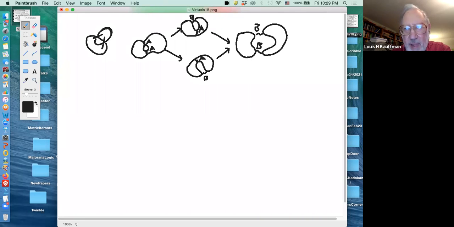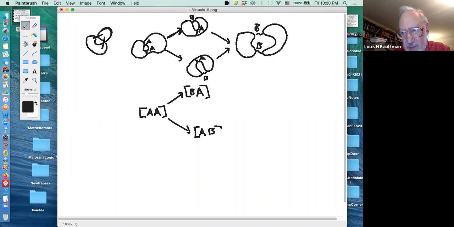This is a category. All we have to do to make it a category, here are the arrows, and all we have to do is add identity arrows to each of these, and these states are the objects. So here's a category. And if I wanted to abstract it and look at its structure just as a category, I could say, well, there's an AA object, and there is a BA object, and there is an AB object, and there is a BB object.